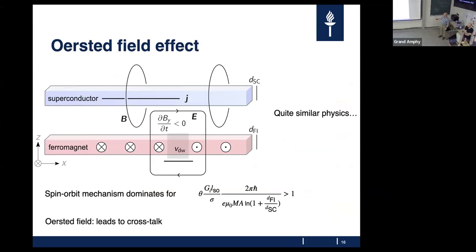The field would also generate a similar type of domain motion. The spin-orbit effect comes from the interface, so to make that dominate, you need to make the ferromagnet thickness small. Otherwise it doesn't matter. And the Ørsted field effect is always there. It's just that the spin-orbit mechanism either dominates or doesn't.